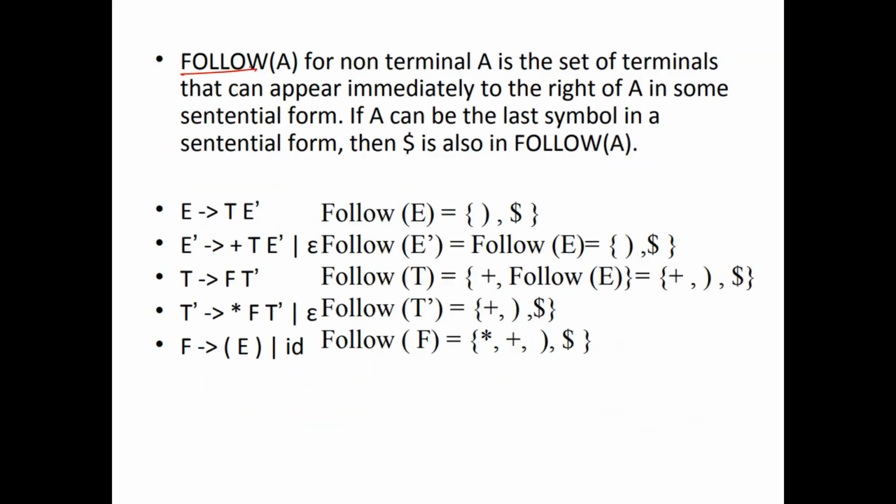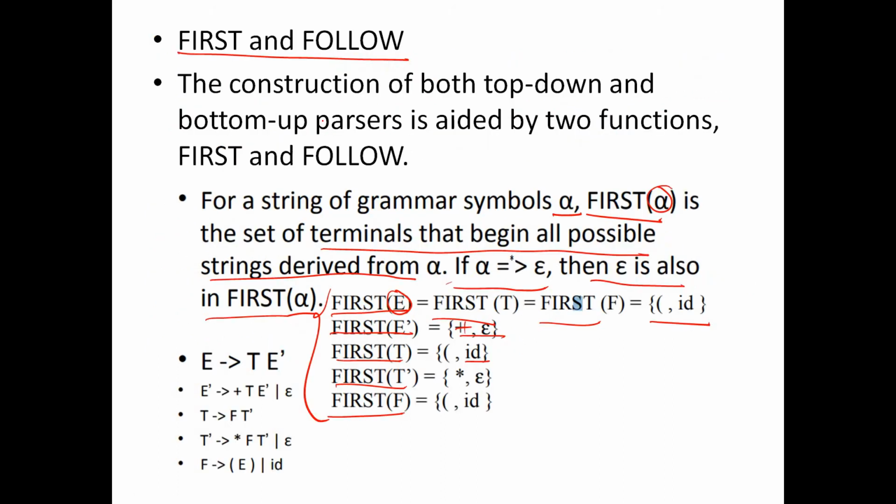Okay, next we'll discuss follow. Follow, for a non-terminal A, is the set of terminals that can appear immediately to the right of A in some sentential form. The first method is going to start with an alpha. Alpha is the set of terminals that begin all possible strings.